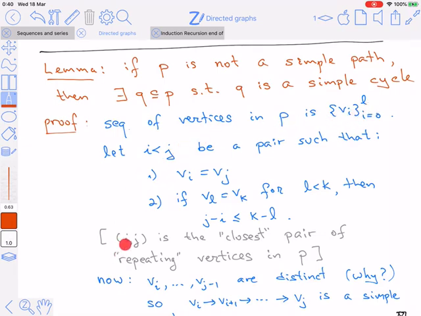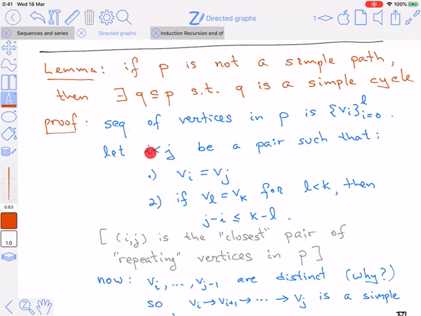Now, let's look for a pair i, j. These are indices i and j. This pair is the closest pair of repeating vertices in the path P. Namely, i is less than j, Vi equals Vj, and if you have another repetition of the form Vl equals Vk for l less than k, then the difference j minus i is less than or equal to k minus l.